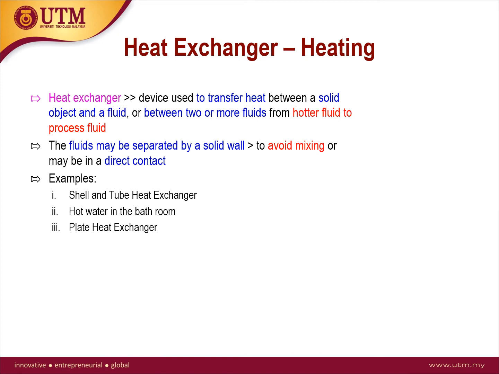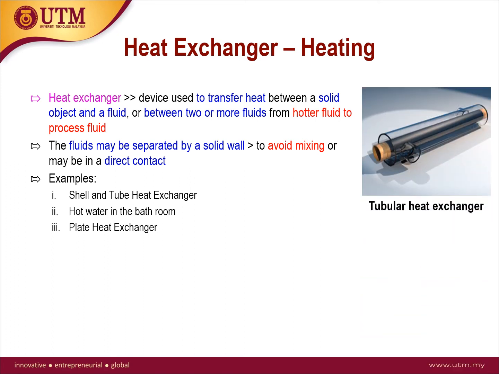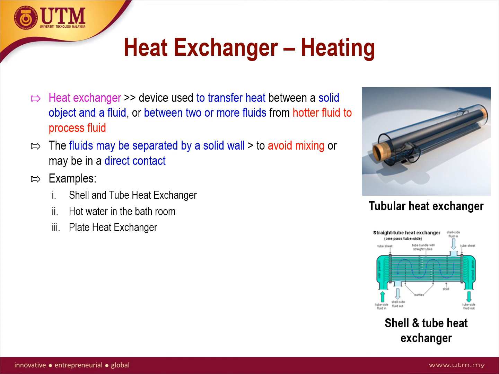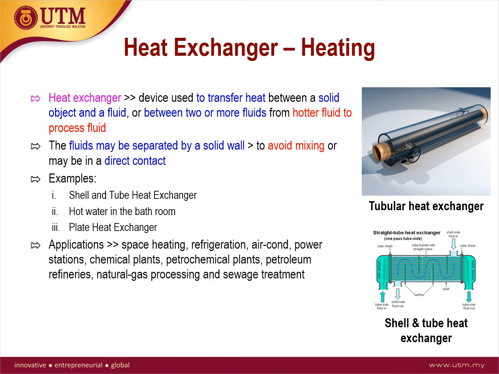Advances in gasket and brazing technology have made the plate type heat exchanger increasingly practical in industry. You can see here several types of heat exchanger. This is the tubular heat exchanger, and this is the commonly used heat exchanger in industry, which is the shell and tube heat exchanger.